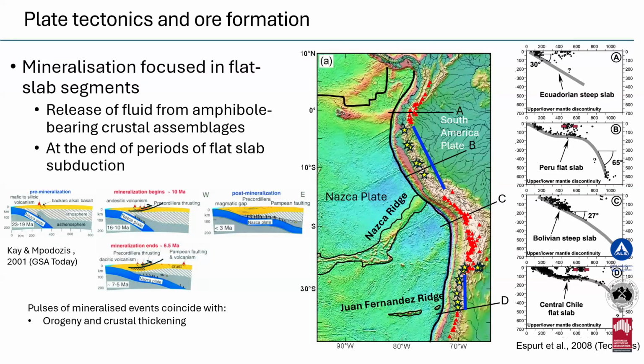Flat slab creates more coupling. There is more contractional deformation. It corresponds to arc migration. The arc can migrate to form a much more distal focus and flare up at the end of volcanic cycles. So all these things were linked to ore formation in the Andes and elsewhere.